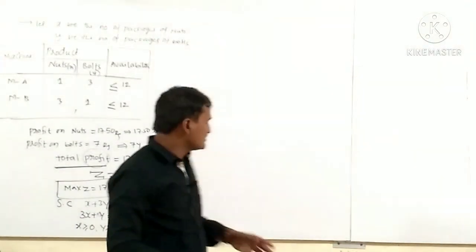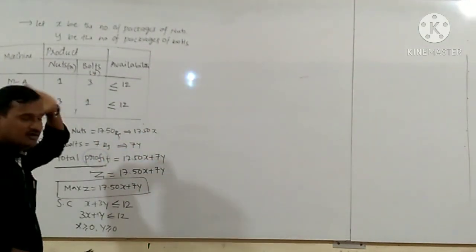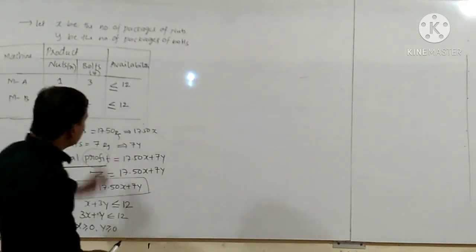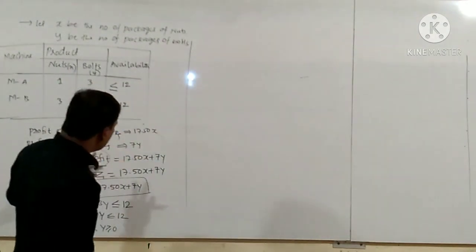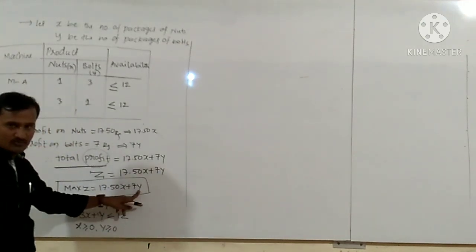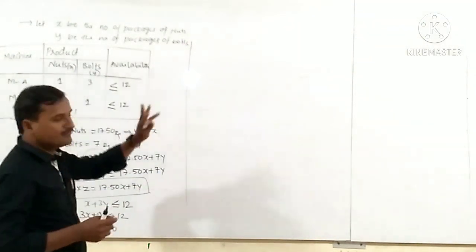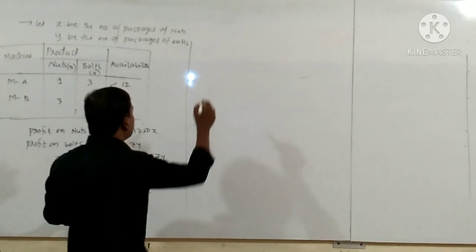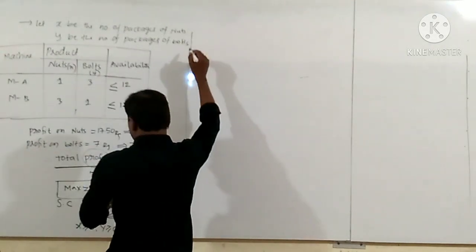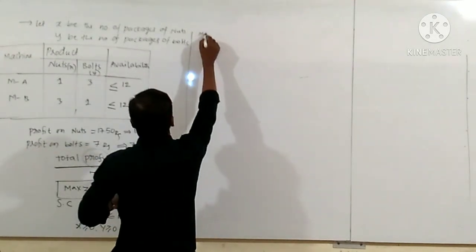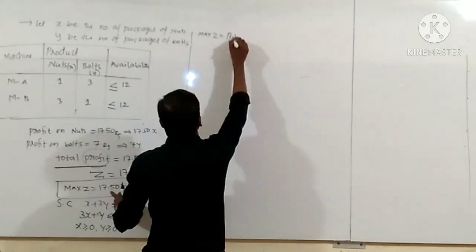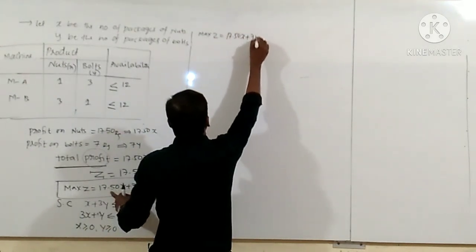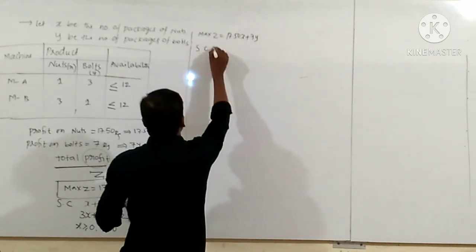Okay, this is the mathematical formulation of the given problem, right? Now by using this we will find the value of x and y by graphical method. So once again here I will write the problem, that is maximize z is equal to 17.50x plus 7y, subjected to the conditions.